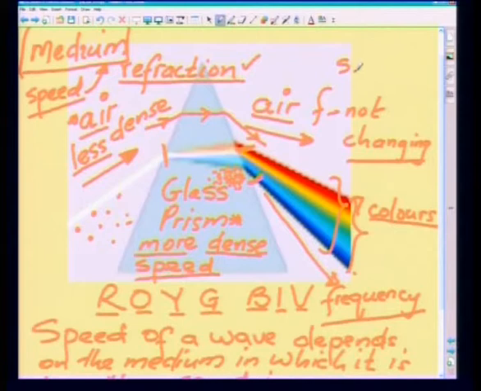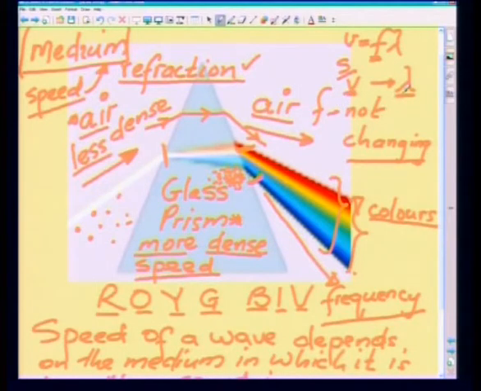But the speed of the wave is changing. If the speed of the wave is changing and the frequency is not changing, because we know from this equation that the speed of a wave is given by f lambda, if f is not changing, definitely lambda, or the wavelength, should be changing in order for us to have v changing. v changes because lambda is changing.